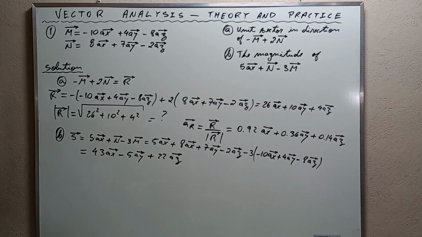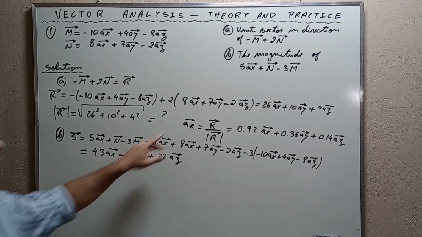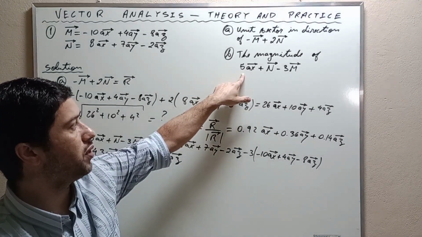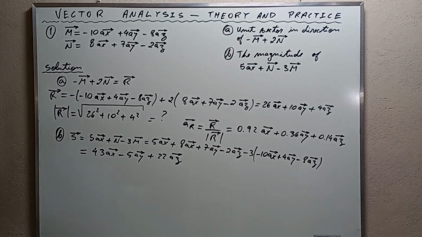Now that we know vector S, which represents 5ax plus n minus 3m, we can calculate its magnitude.